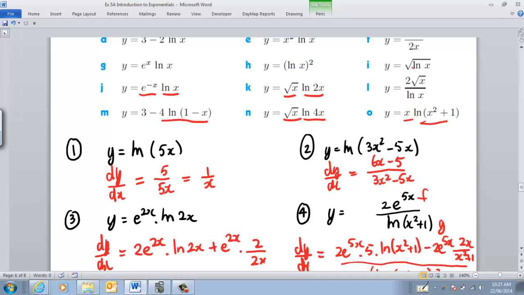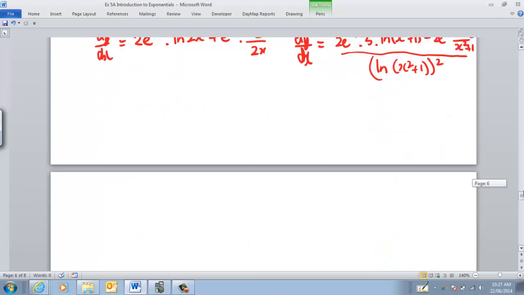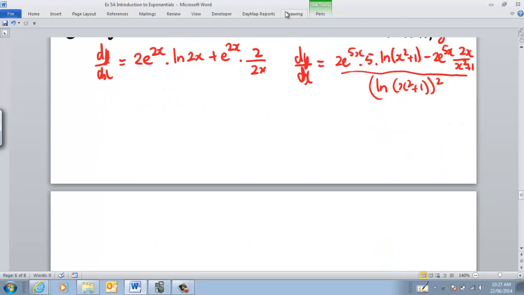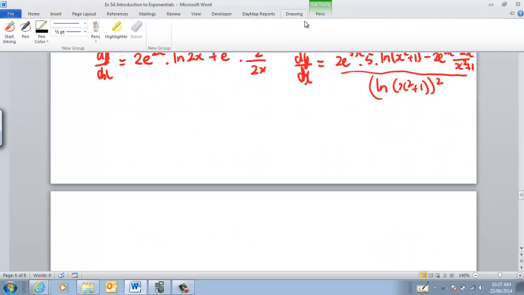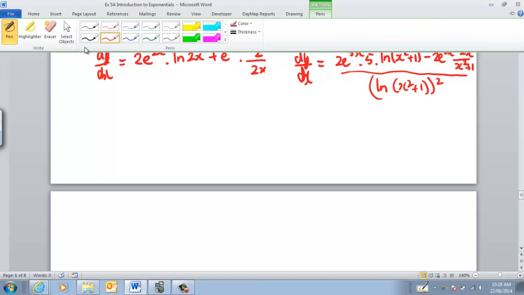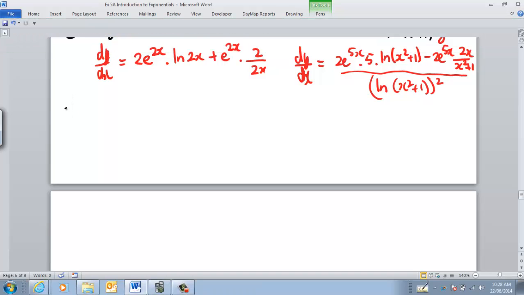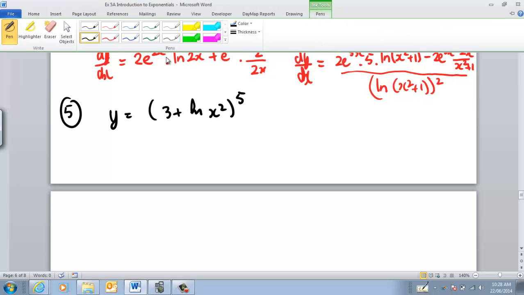I should just show you one using a power, like a function of a function one. Let's do one very quickly for you. If I was doing example 5, if I have y equal to ln of x squared, to the power of 5, then I'm going to use my function of a function rule.